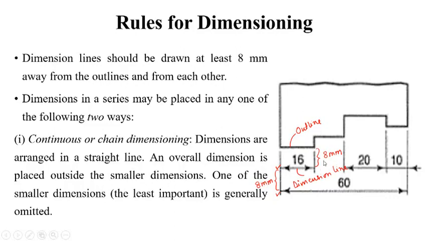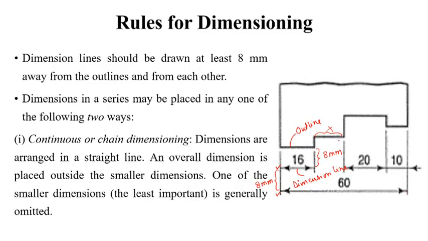If we have smaller dimensions, these smaller dimensions are given close to the outline or close to the figure. The bigger dimension should be placed away from the figure. And one of the smaller dimensions, which is of least importance, like this part, this is of least importance. So a part can be omitted, and you can provide the overall dimension of around 60.